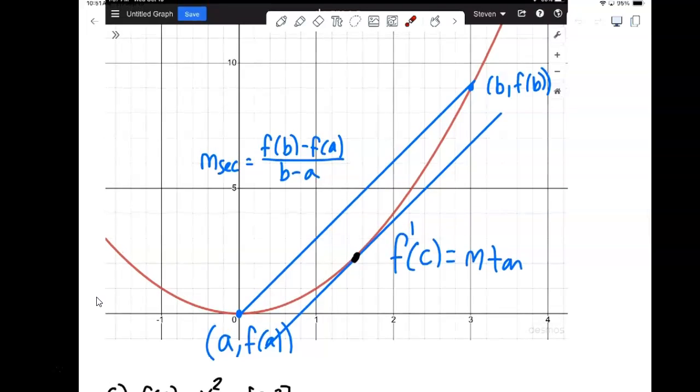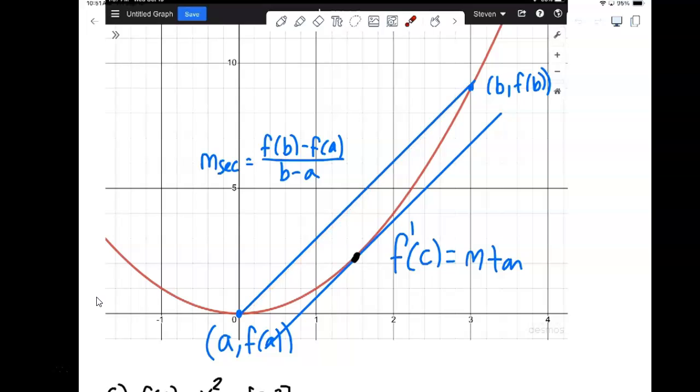And you can actually see that in this picture. Right, here I have a picture of a graph. I think it's actually just y equals x squared. And I'm looking at the point 0, 0, and I'm also looking at the point 3, 9 on that graph. And what I'm looking at here is there's my secant line.